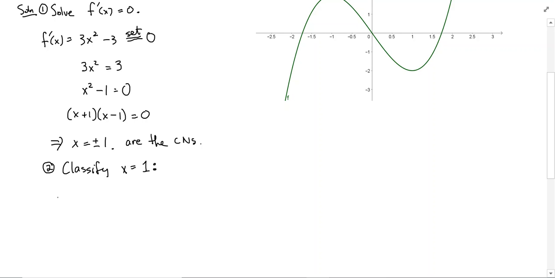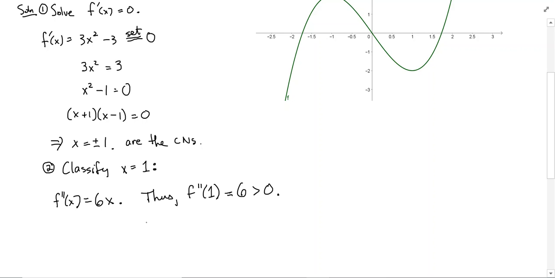Okay. So I'm going to find the second derivative, which is 6x. Thus, f double prime evaluated at 1 is 6, which is a positive number.